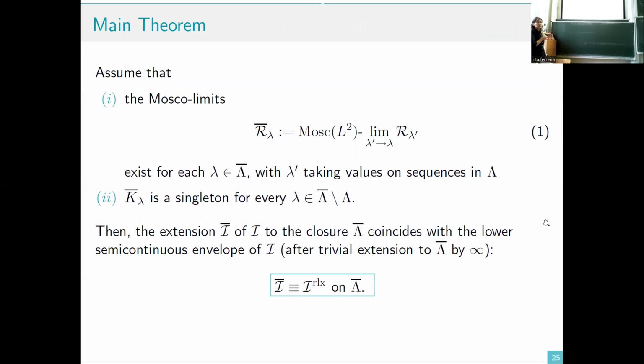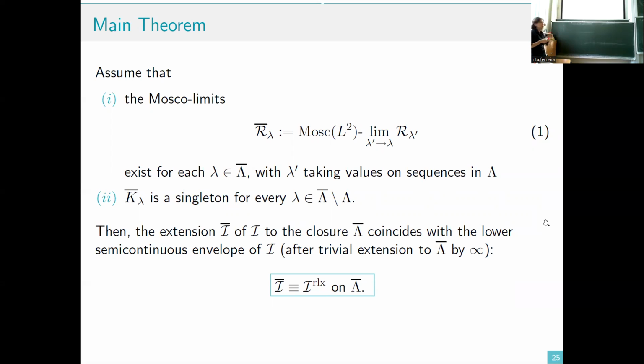That's where also the Mosco gamma convergence comes into play. Remember, this is when the recovery sequence is with respect to the strong L2 convergence. So if this Mosco L2 convergence exists for the family of regularizers for each lambda in the closure, and whenever I take a lambda that belongs to the closure but not to the original set, I have a unique minimizer, these are the two main assumptions that then in practice we have to verify.